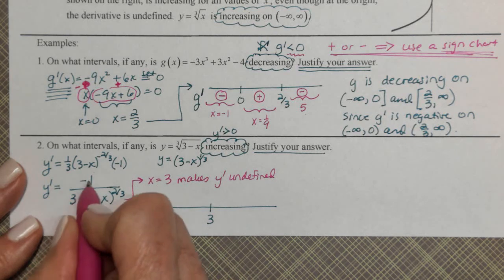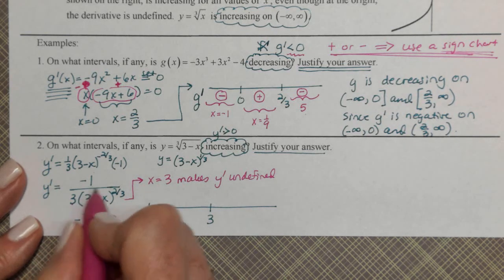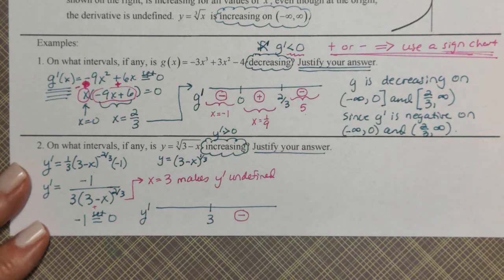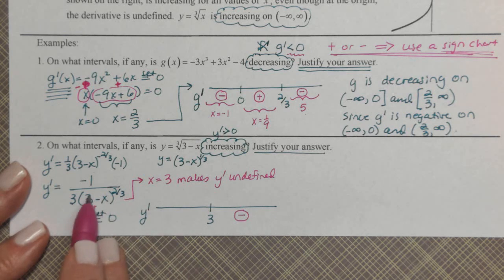The 3 is positive, negative 1 is negative, so this whole thing is negative here. Okay. Let's go to the left of 3, like positive 2. If we put 2 in for x, we'll have 3 minus 2, which is 1. 1 to any power is 1, positive 1.